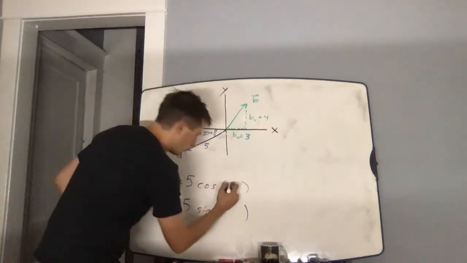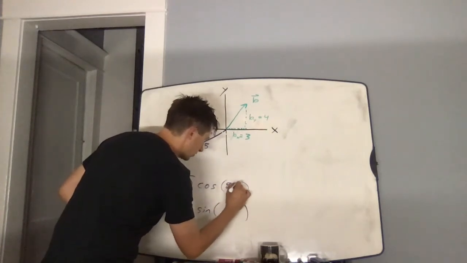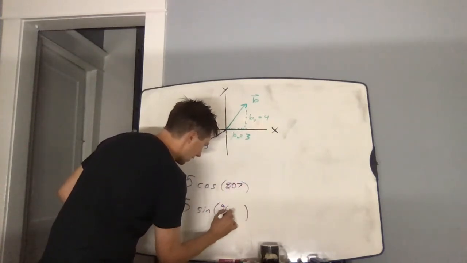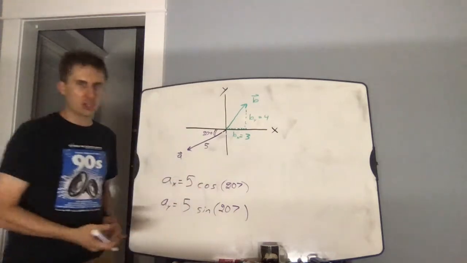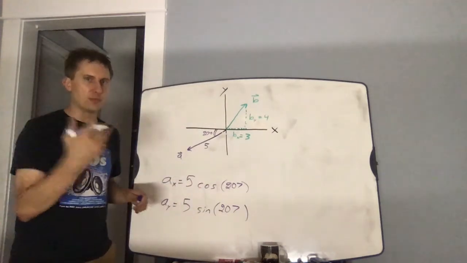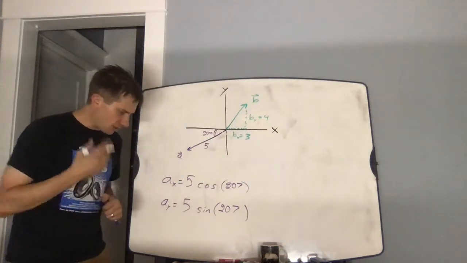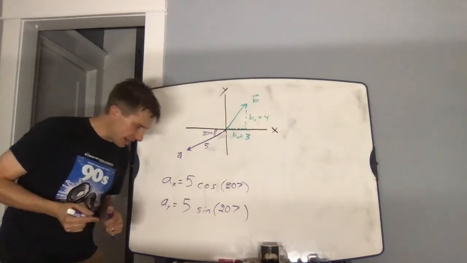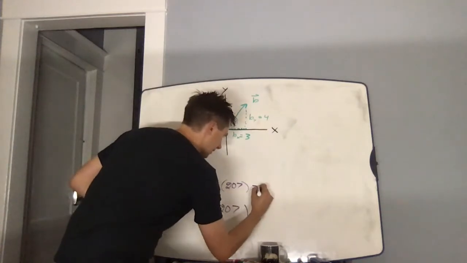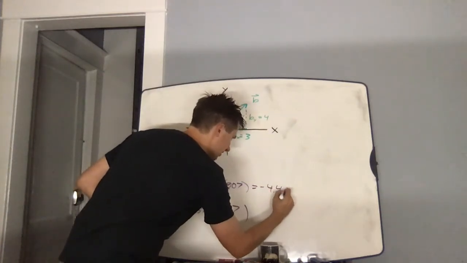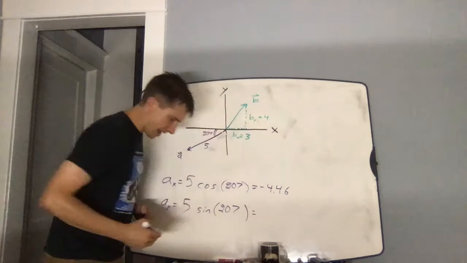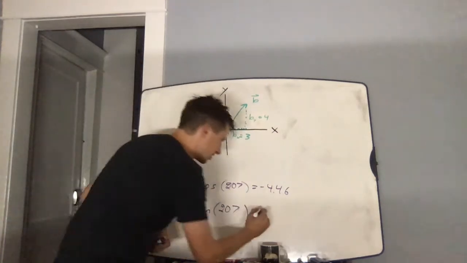So we will rotate by an amount 207 degrees. Now when you perform this calculation in a calculator, I said degrees, so make sure your calculator is in degree mode. And I put that number in a calculator, and for Ax, I get negative 4.46. For Ay, I get negative 2.27.